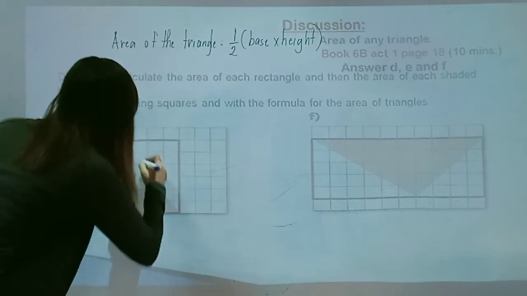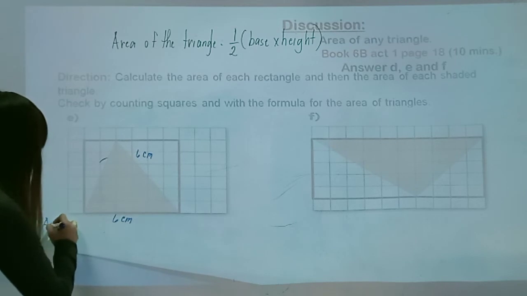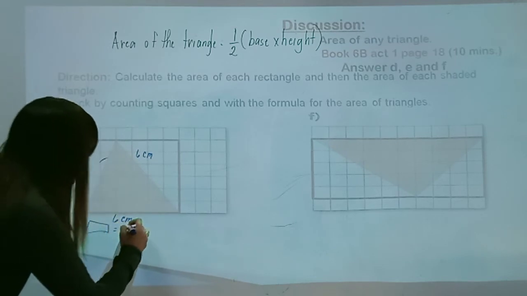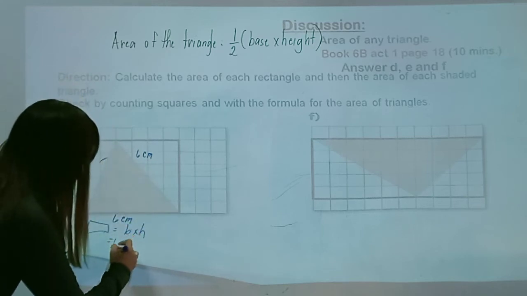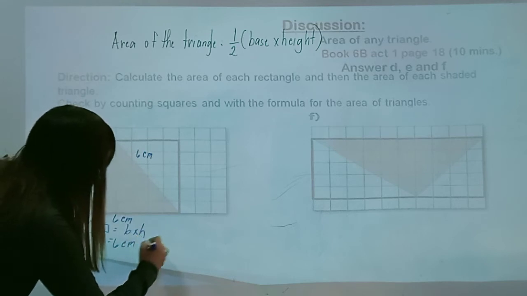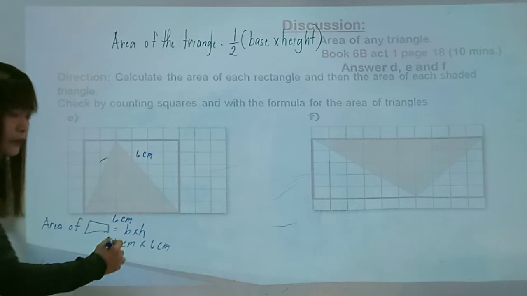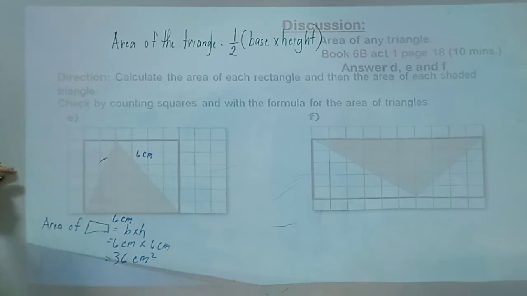So this is also 6 centimeter. The area of the rectangle is equal to base times the height, so we have 6 centimeter times 6 centimeter. 6 times 6 is equal to what? Very good. It will give us 36 centimeter squared.